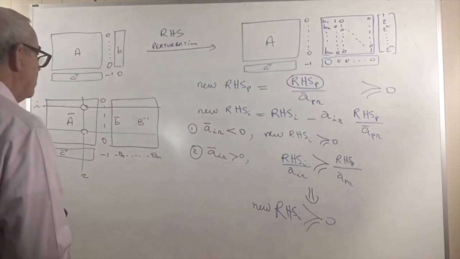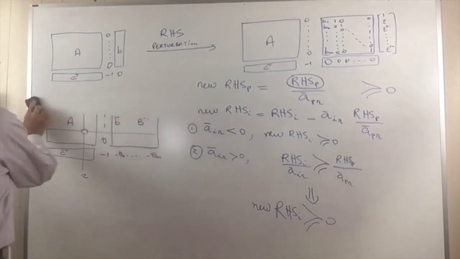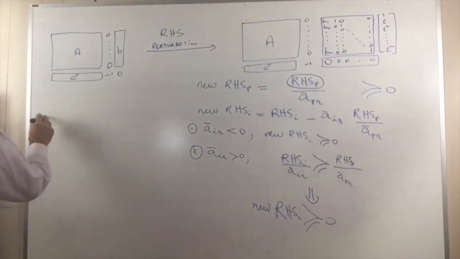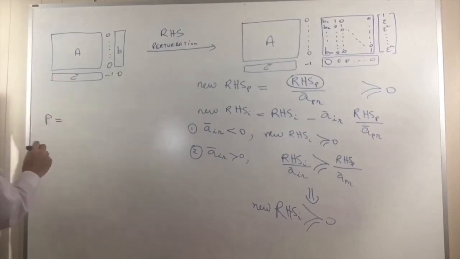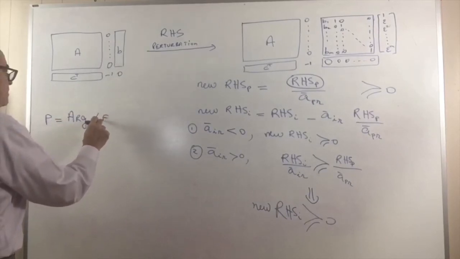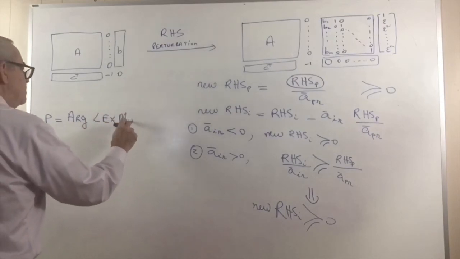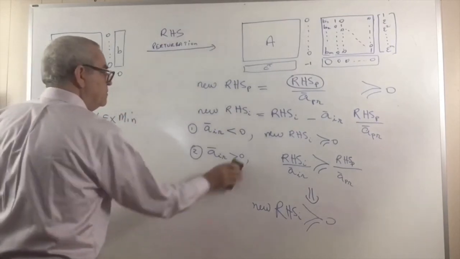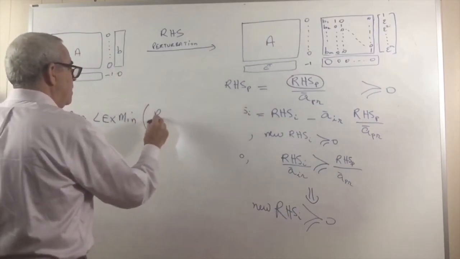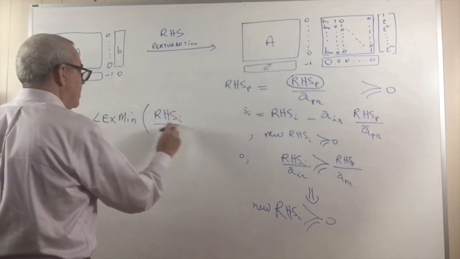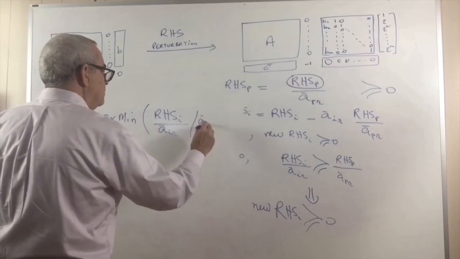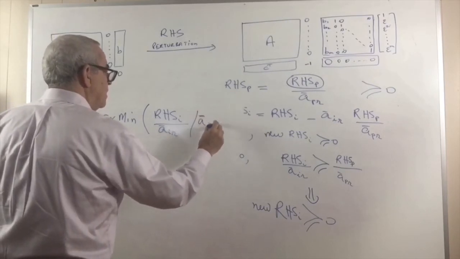So therefore, I need to choose the pivot row. The pivot row has to be the argmin of the lex min of the right-hand side of i divided by A bar of i r, A bar of i r positive.